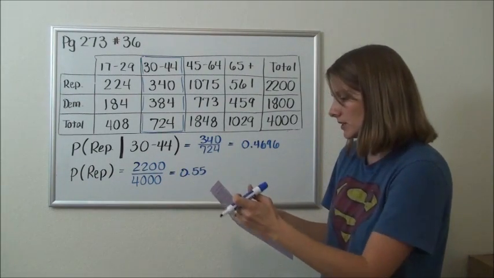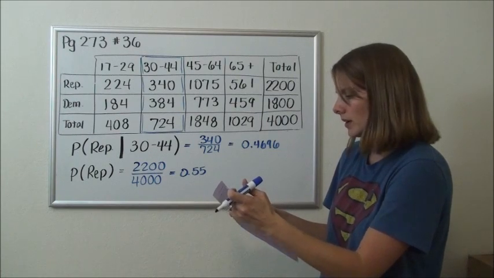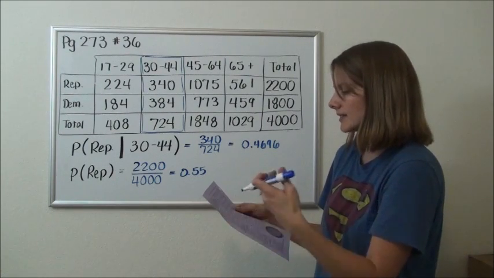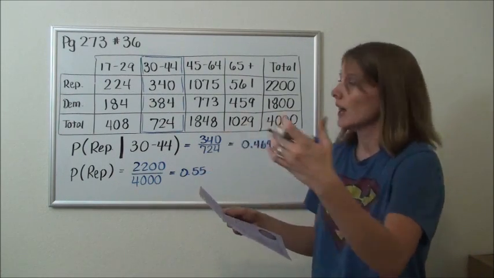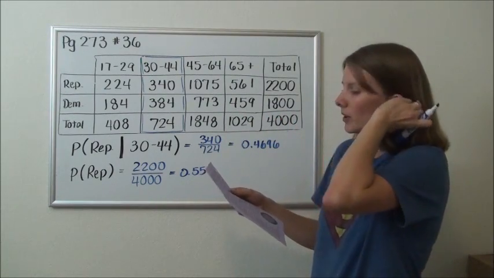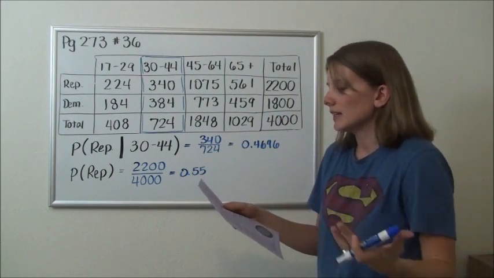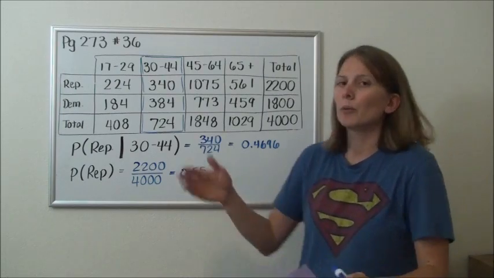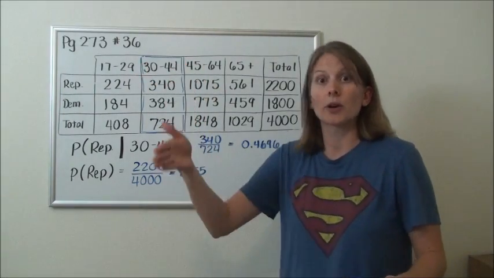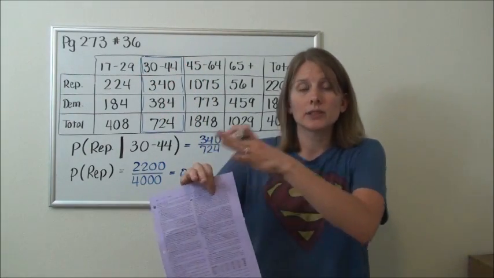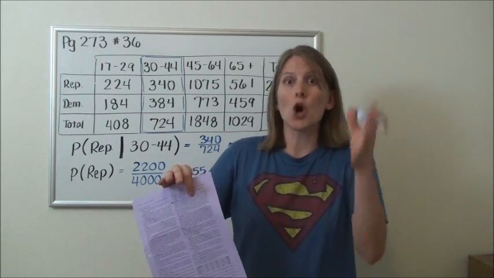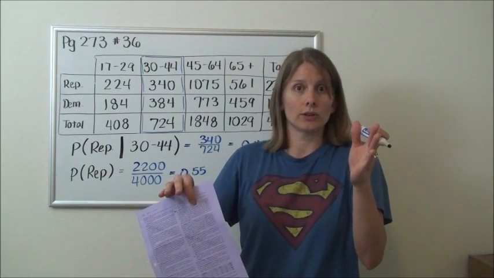So for the rest of number 36, you'll see part B is going to ask the same thing, but this time about Democrat and a different age category, and it wants to know, are they dependent or independent? So again, you'd be looking at, what's the probability that someone's a Democrat? And then, what's the probability that they're a Democrat if I know that they're 65 and older?